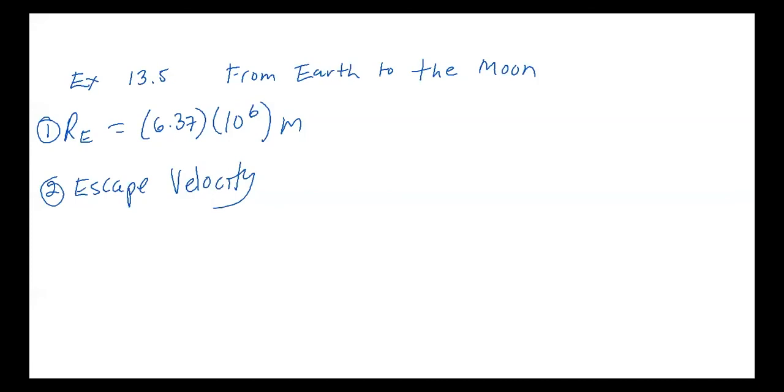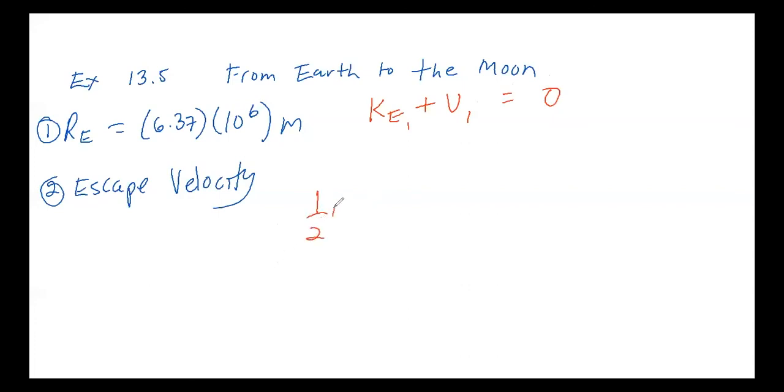Now for the second part, we want escape velocity. So we got KE1 plus U1 equals 0, right? We want to shoot it far enough that it has no more potential energy with respect to the Earth, and it can peter out on that kinetic energy.